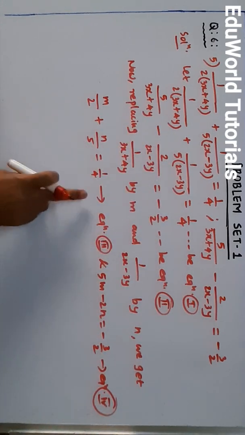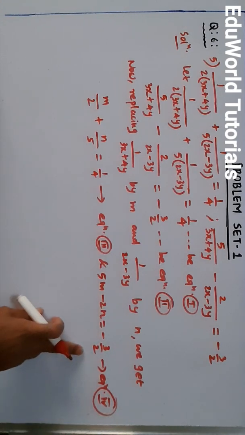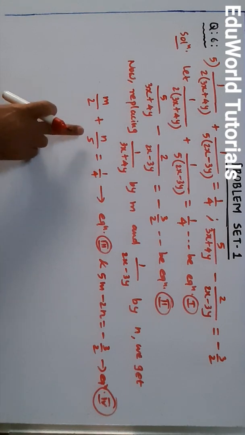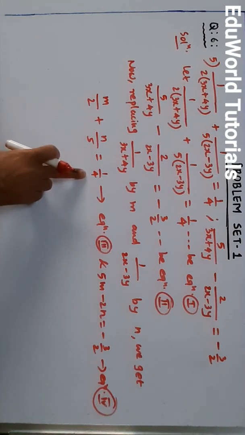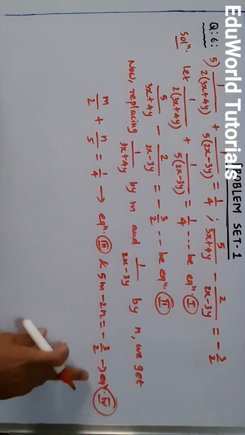Now we multiply equations 3 and 4 by the LCM of the denominators. Here the LCM of 2, 5 and 4 is 20. So multiply this equation by 20 and this equation by 2.